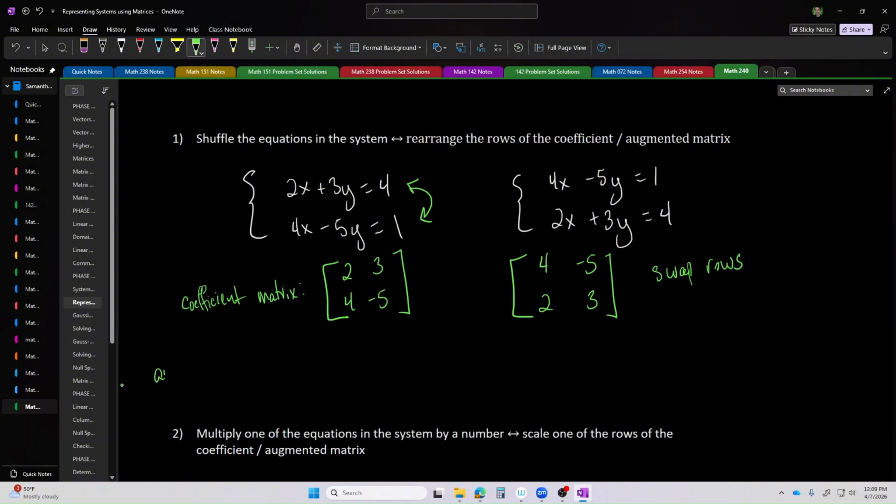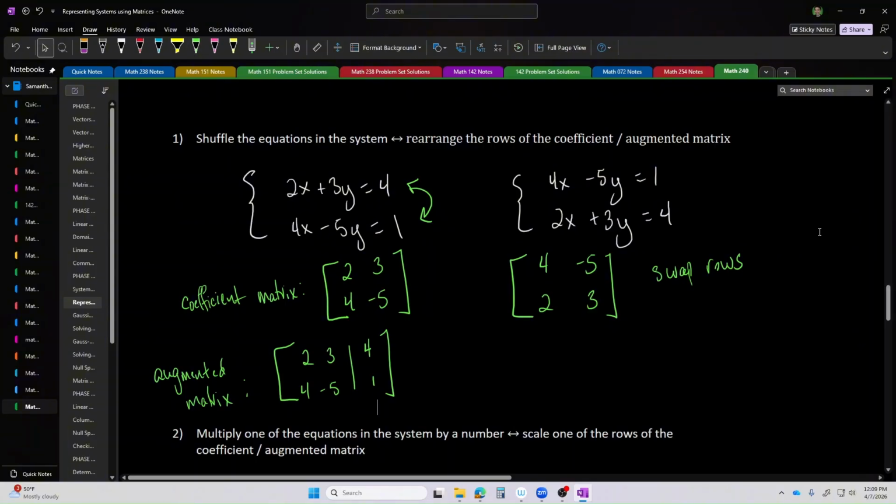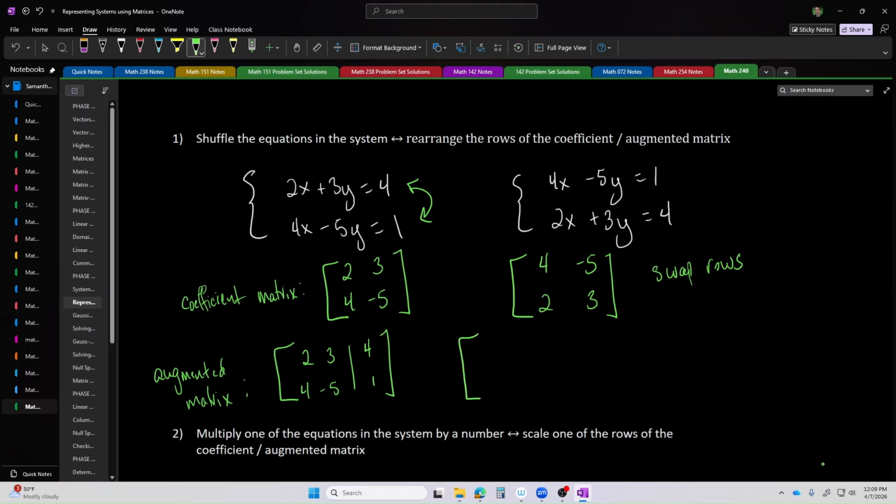Similarly, if I consider the corresponding effect on the augmented matrix, the augmented matrix for this system would just be the coefficient matrix and then a vertical bar and then the outputs 4 and 1 on the right side attached as an additional column. And this action of swapping the two equations would manifest as swapping the two rows in the augmented matrix.